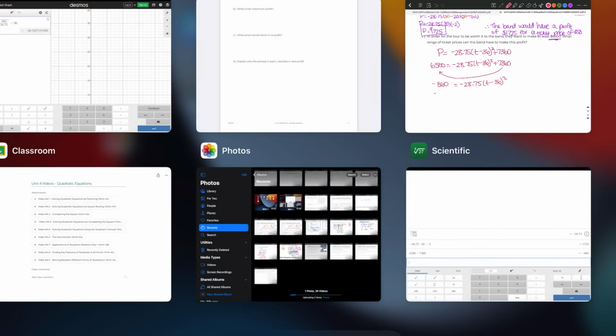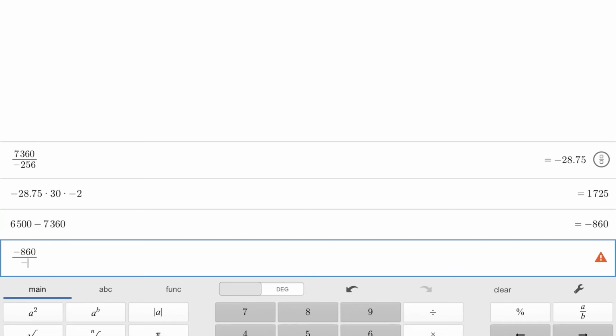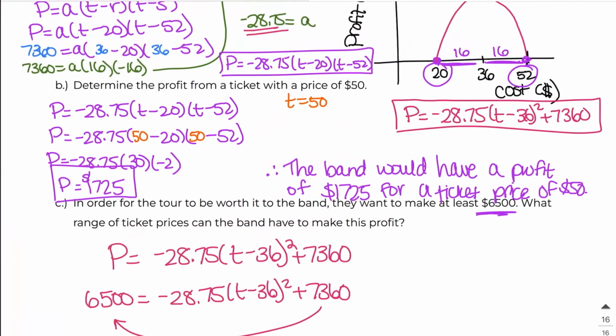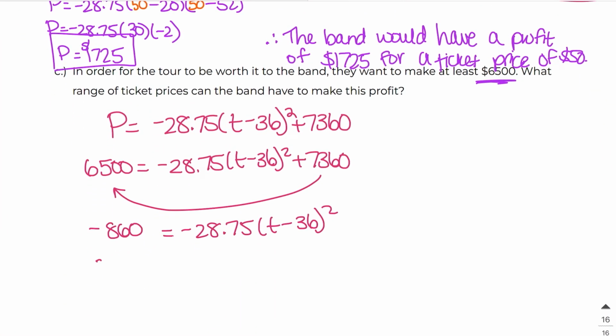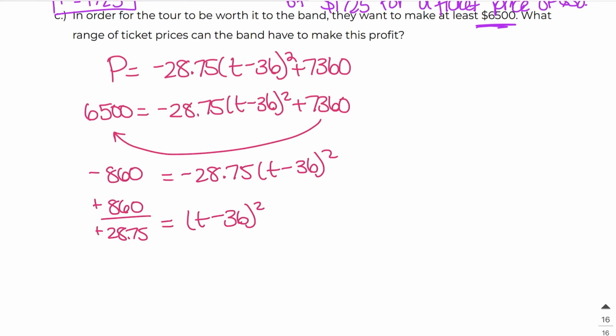When I divide this number by negative 28.75, I end up getting a decimal, which I don't want to deal with quite yet. So I'm just going to say that it's negative 860 over negative 28.75. And that's t minus 36 squared. But here's the thing, the double negatives turn into a positive. So I'm going to leave it as a positive, okay?